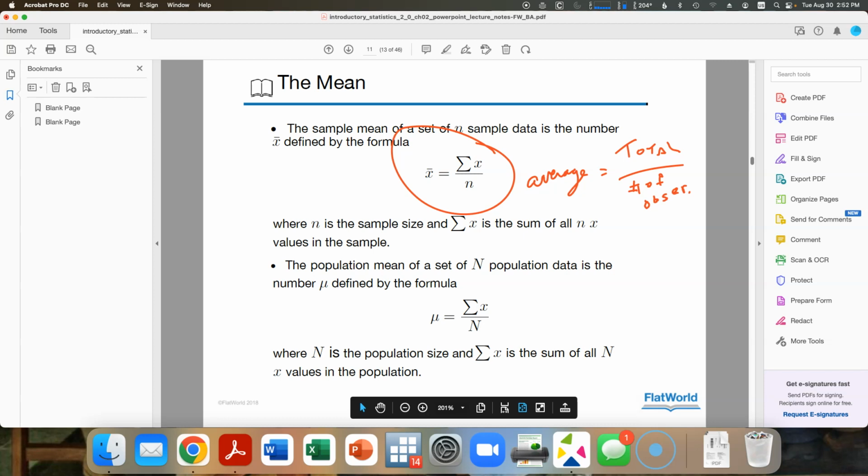So that would be your n. So for instance, if I added up 4 scores and it added up to 100, then the average would be 25. That would be kind of simple: if there are 4 observations that total to 100, then the average would be 25.